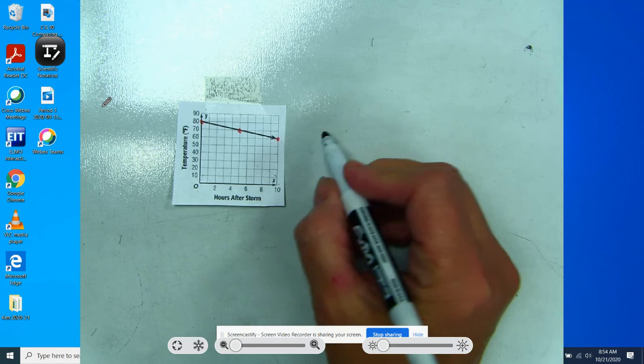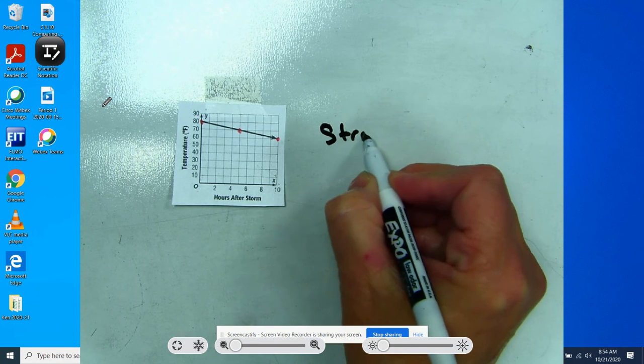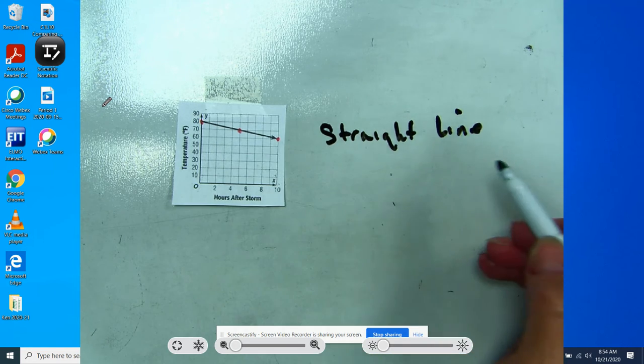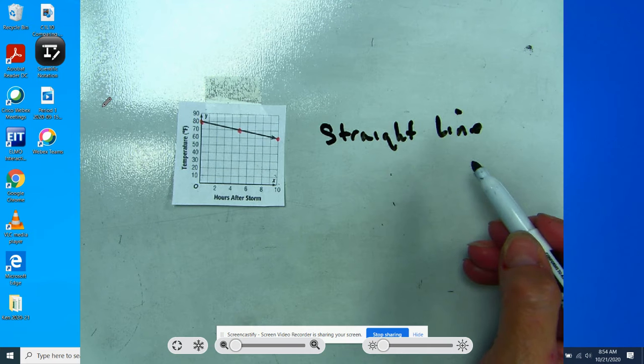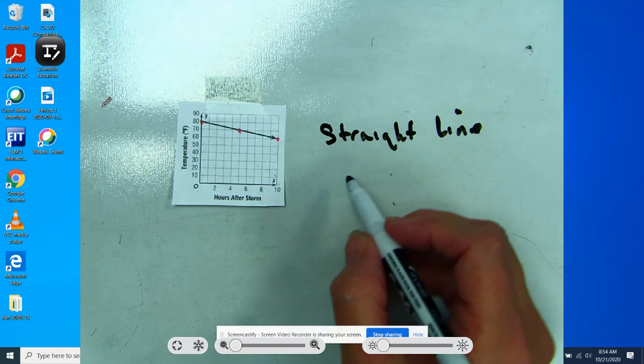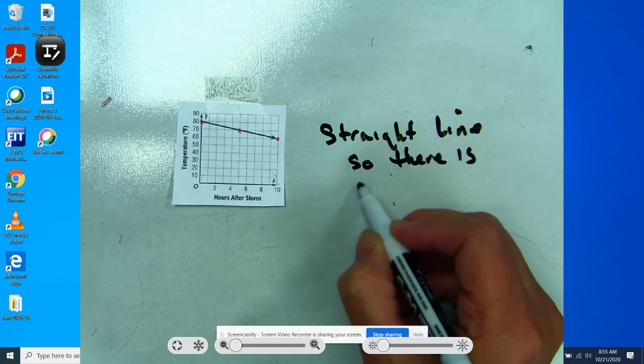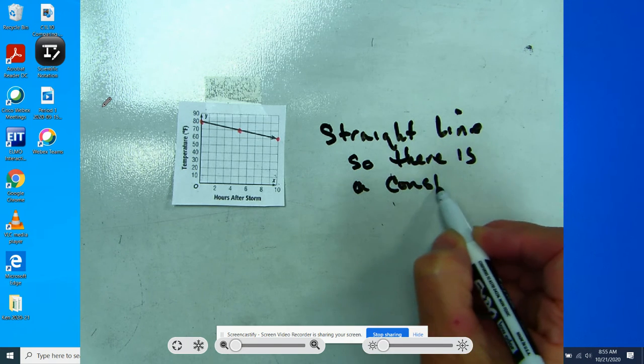So because it is a straight line, straight lines are a linear relationship. All linear relationships have a constant rate of change. Straight lines, so there is a constant rate of change.